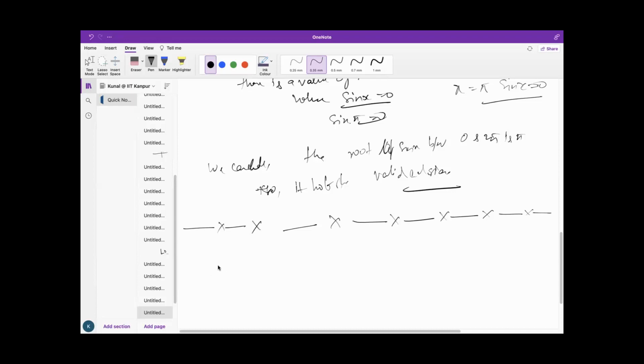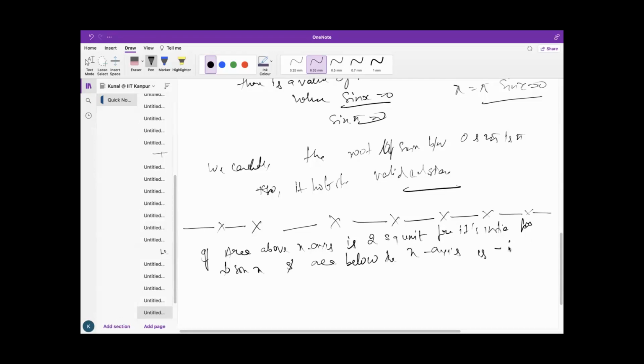So suppose the area above the x-axis is 2 square units from its initial position to some x, and the area below the x-axis is minus 16 square units from that x to b, right?